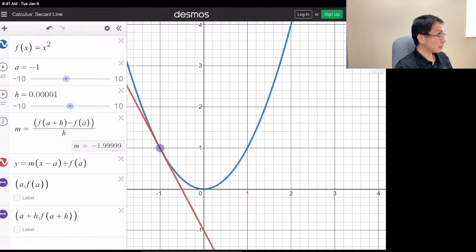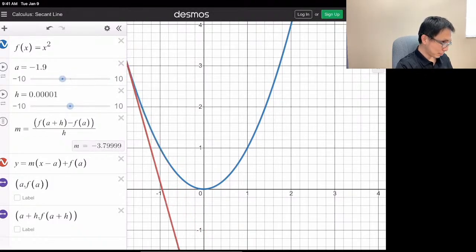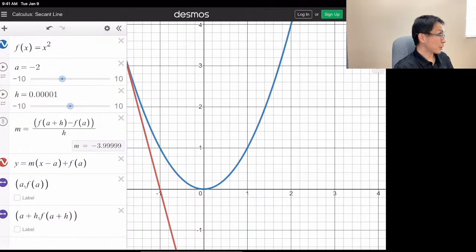Look at that, negative 2. It's 2 times whatever the x value, whatever the a value is. Can we sum up? That's probably 2x. 2x is going to be a good representation of the slope, but we're going to show you how to find it though.